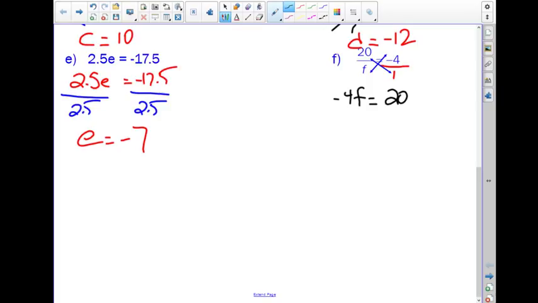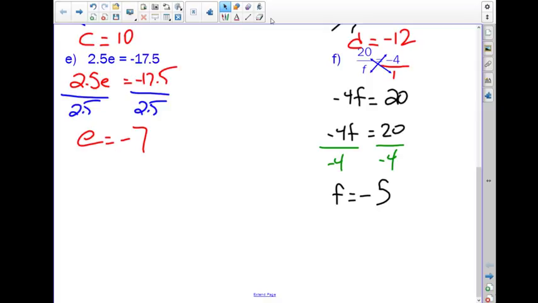So in this particular equation that I just wrote in black, the negative 4 is being multiplied by the f. So what are we going to do? Well, we are going to divide both sides by negative 4. And when we do that, 20 divided by 4 is 5. And when we divide a positive and a negative, the answer is negative. So the answer is negative 5.